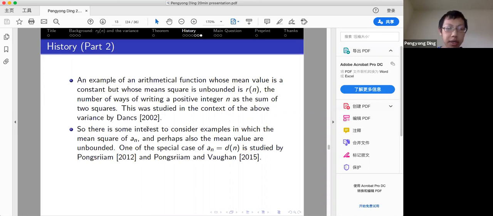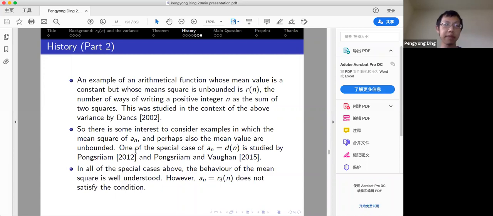And later, in 2012 and 2015, Ponsriam and Wang studied another function, which is d of n, the divisor function, which represents the number of divisors of n. And the mean value of that function is also unbounded. And they got a result in 2012 and 2015.